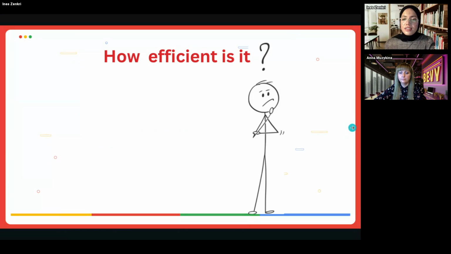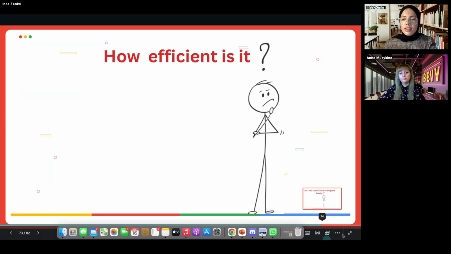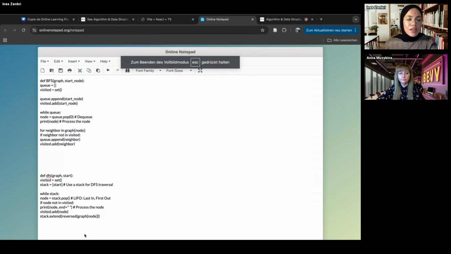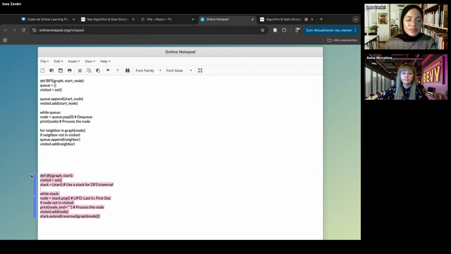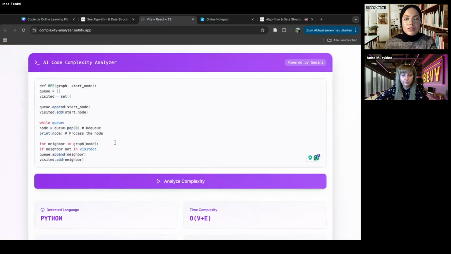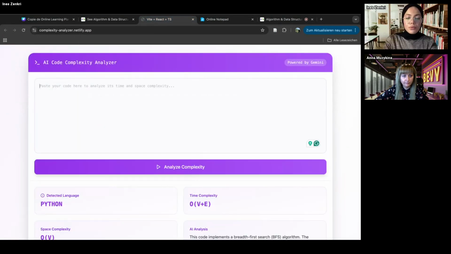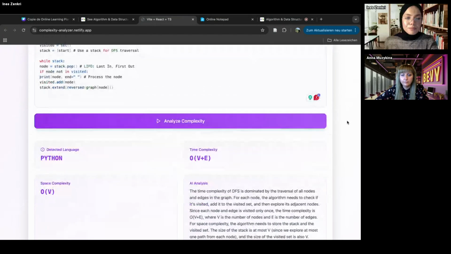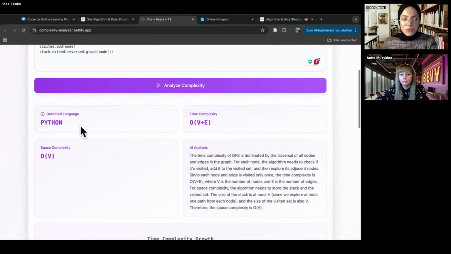Now, how efficient is it? I will as well use the same tool that I've coded. This is the code for the DFS that we have seen. And if I paste it right here and ask Gemini to solve it for me, it also tells me that it's written in Python.